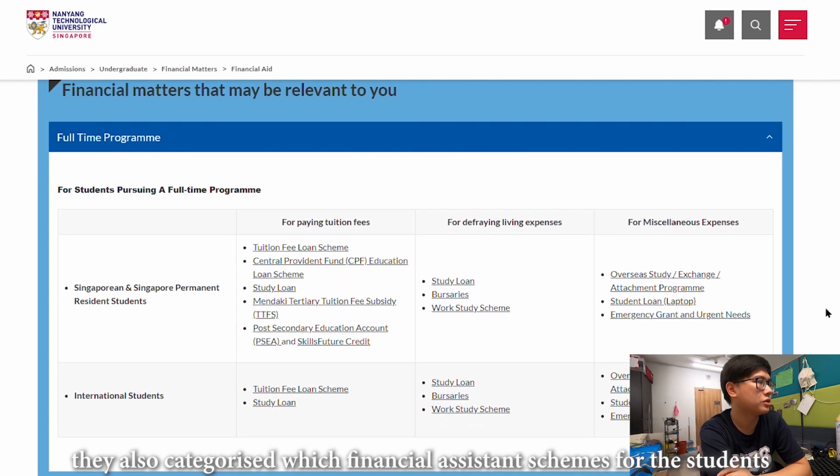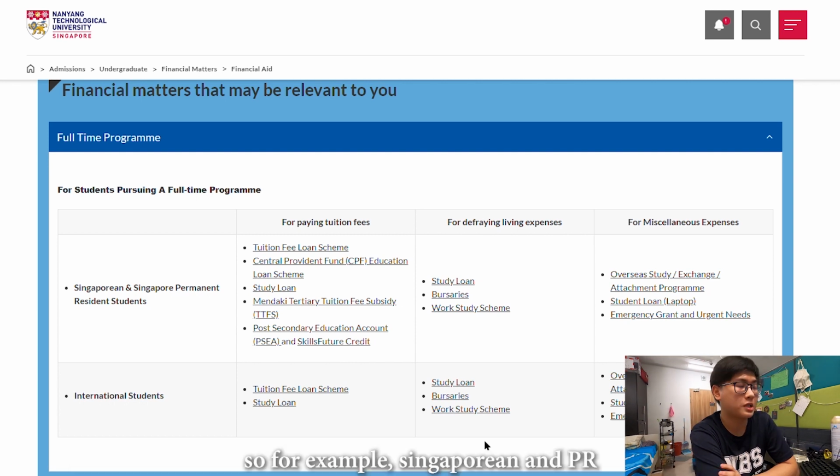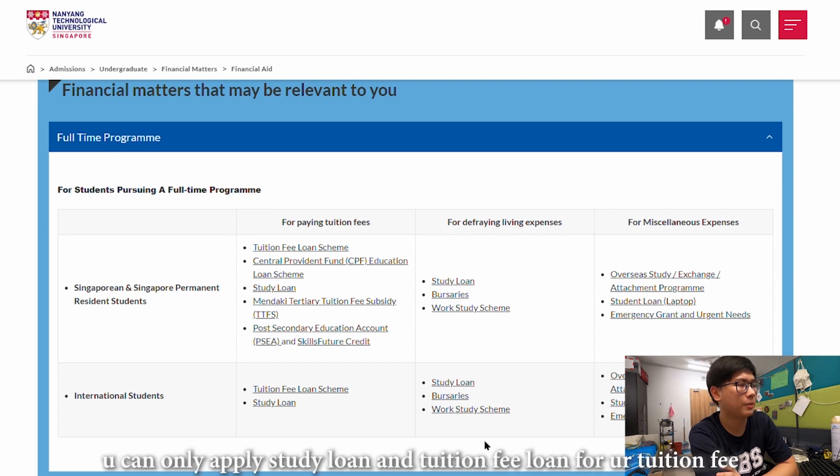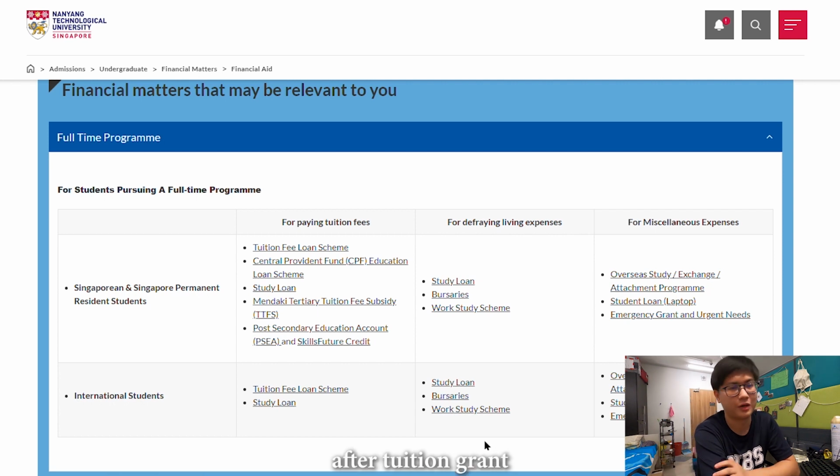They also categorize which financial assistance schemes are for which students. So for example, Singaporeans and PR, you can apply for all these. There's quite a lot. And for international students like us, you can only apply for tuition fee loans and study loans for your tuition fees after tuition grant.